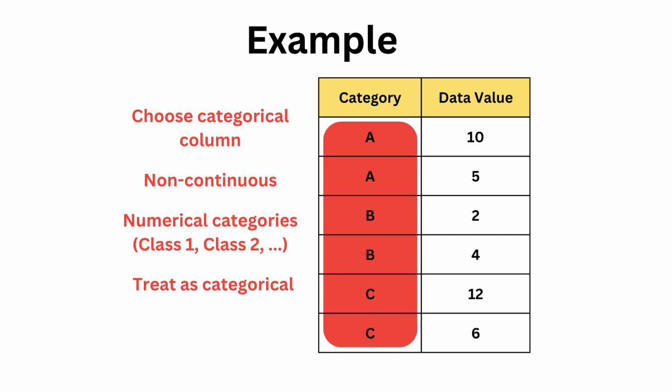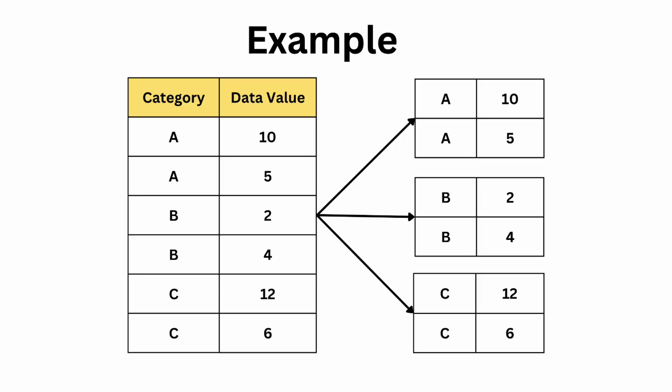Once you've decided on the categorical column, then what you do is you call a group by call on that. And it has to be combined with an aggregate function call. So what Pandas is actually doing under the hood is it takes in your data frame, and then once you decide on the category to group by, you essentially separate out all the other columns by the distinct categories.